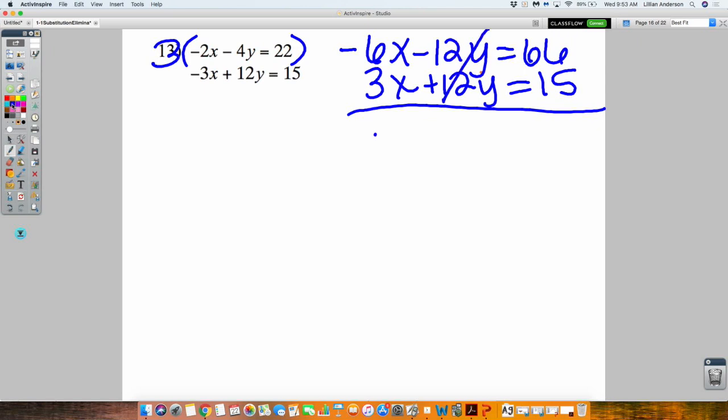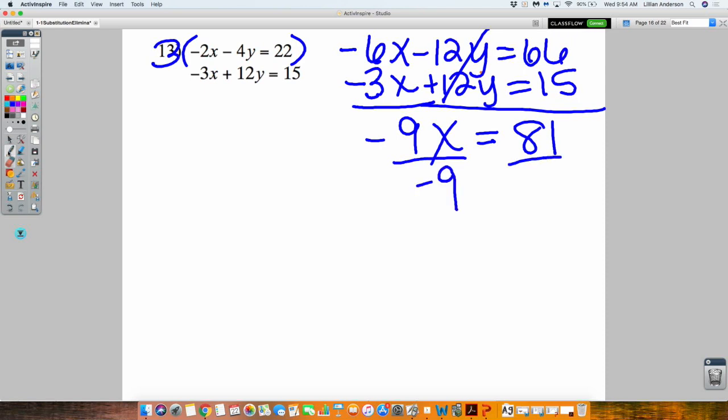Negative 3x, thank you for correcting me. I do make mistakes. What's negative 6x minus 3x? Negative 9x. And 66 plus 15? 81. Divide both sides by negative 9 and x equals negative 9.